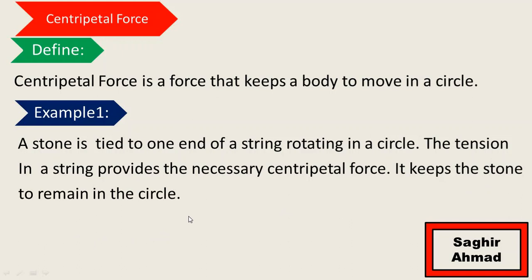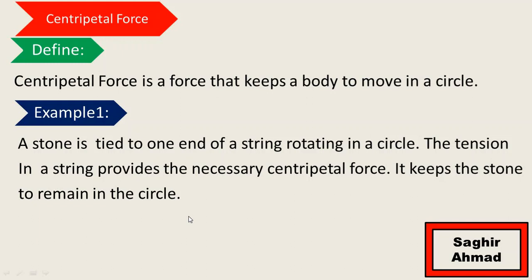What is tension? Tension is a force that is in a string, and it acts against the weight, against the direction of weight. You know that the weight of a body acts in the downward direction, and so the tension T acts in the upward direction against the weight.